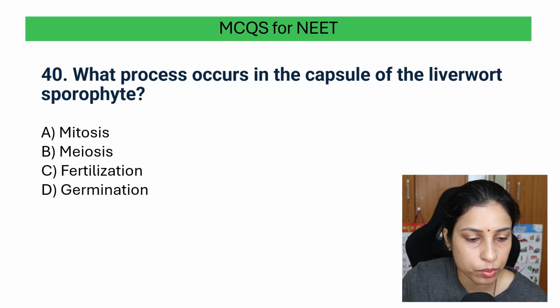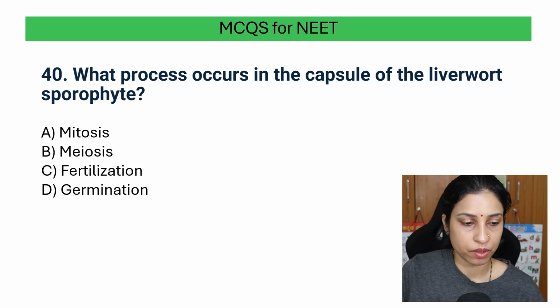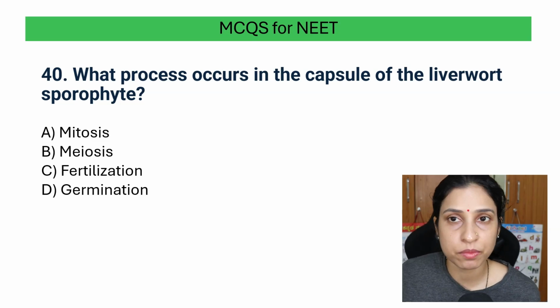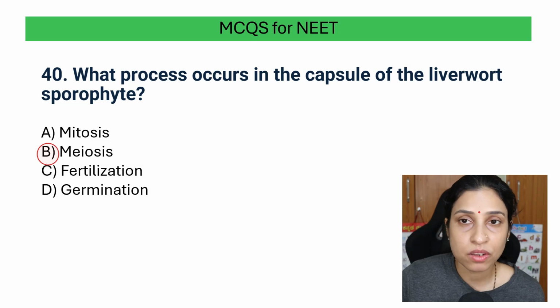Next, what process occurs in the capsule of the liverwort sporophyte? Inside the capsule, what is happening? Mitosis, meiosis, fertilization, or germination? There we will see meiosis. After meiosis, they produce spores.